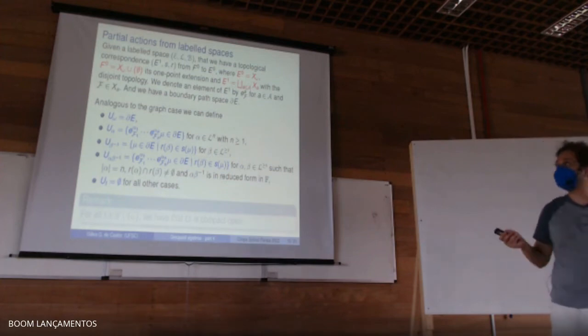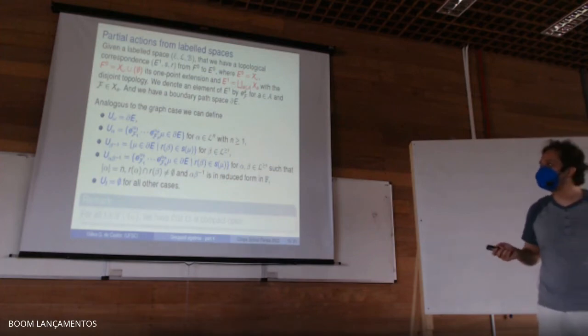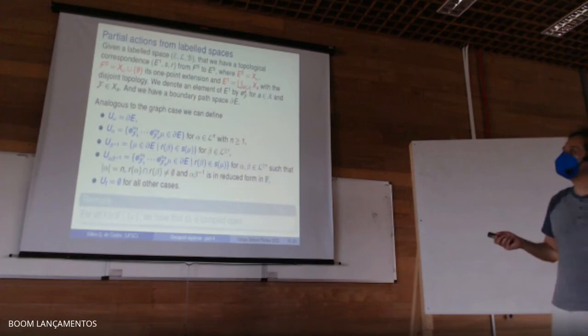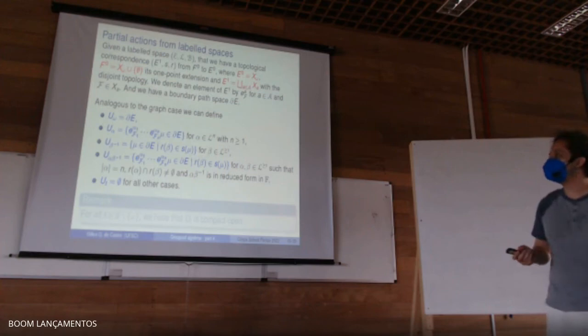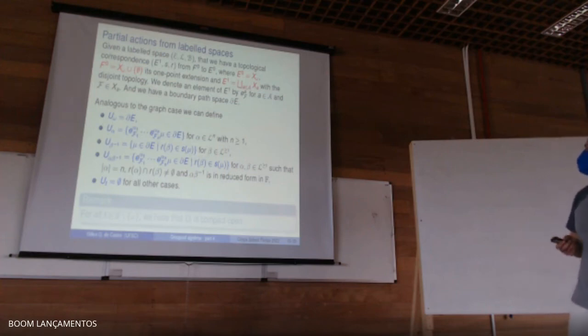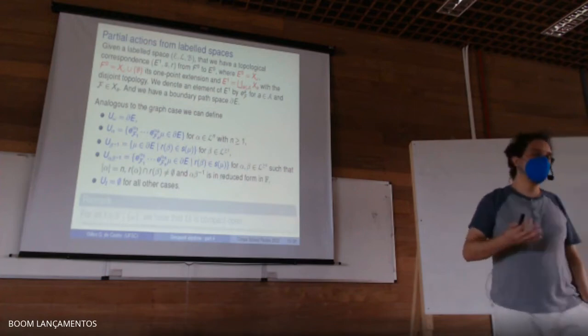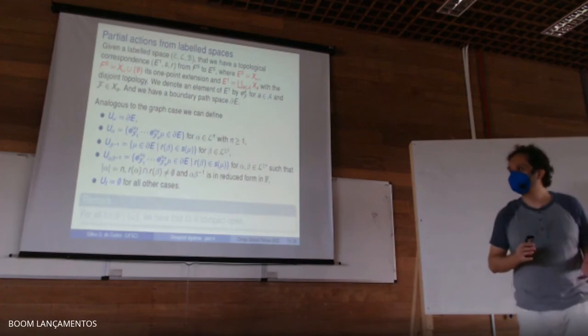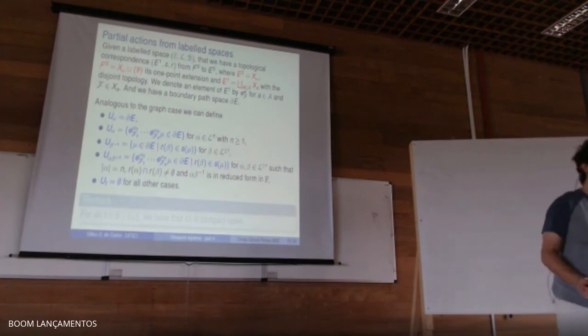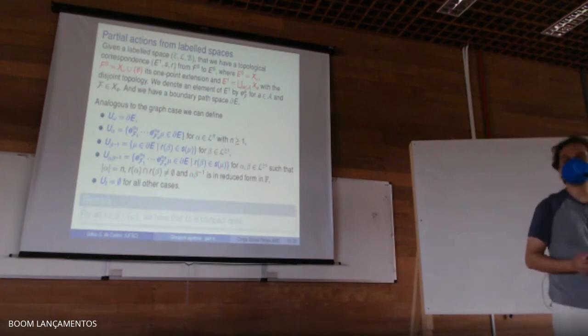We just look at the letters above. There's a condition similar to what we had before. How can you connect a certain path beta at the front? The same thing for u alpha beta minus 1. And for all other cases, it's going to be empty. A little bit more details, but it's very similar to what we had for graphs before.